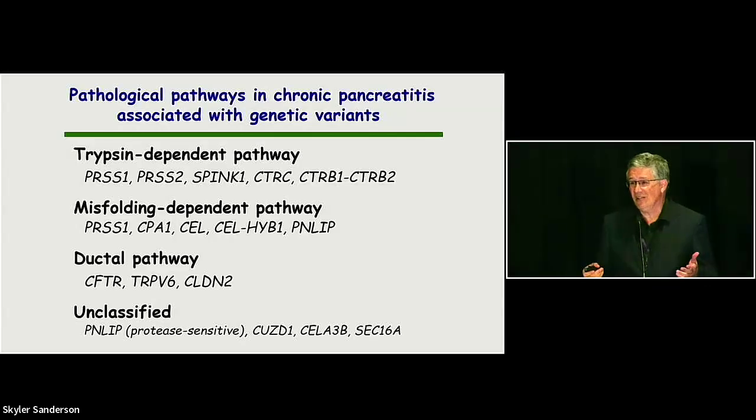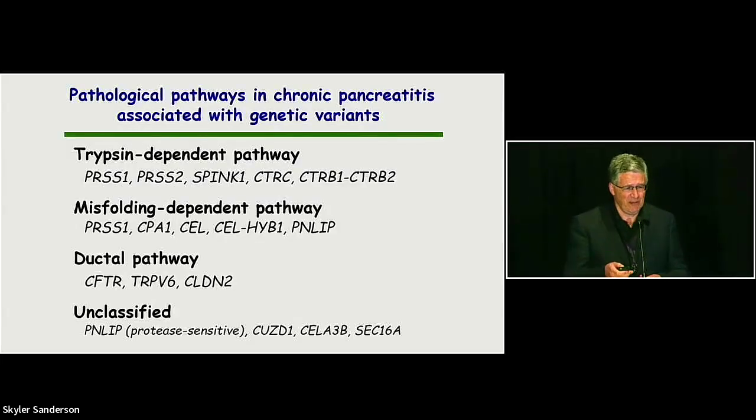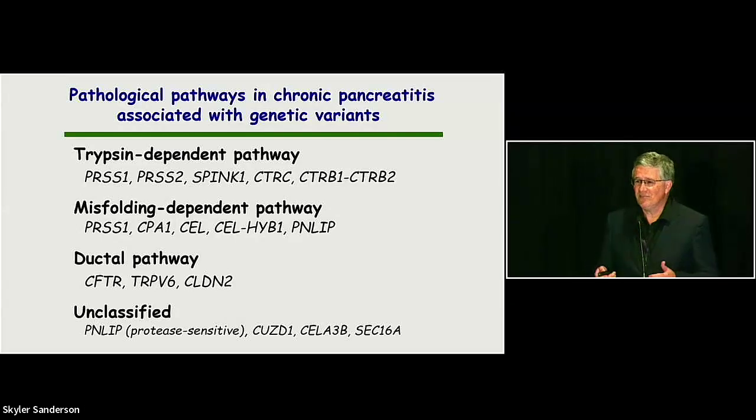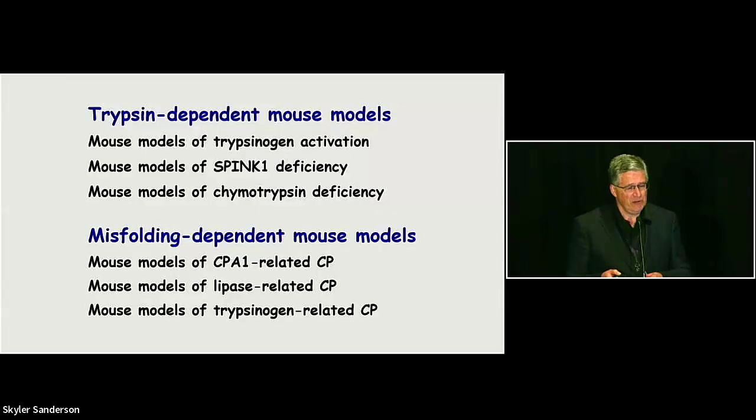We already had a lot of talks yesterday. Mark Lowe's lecture was about the misfolding-dependent pathway. So I will describe what kind of animal models people developed in the past 10 years. I will focus on trypsin-dependent mouse models, which target trypsinogen activation, models of SPINK1 inhibitor deficiency, and models of chymotrypsin deficiency.